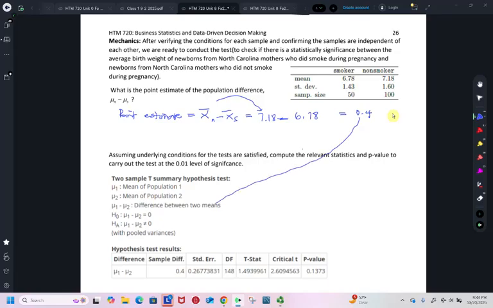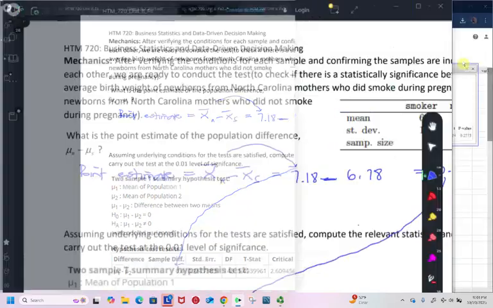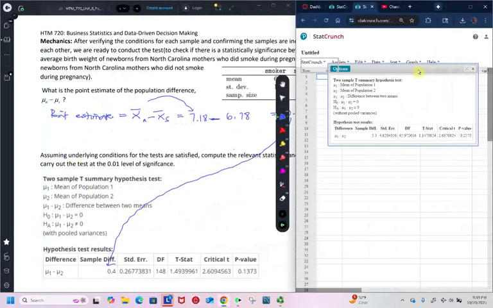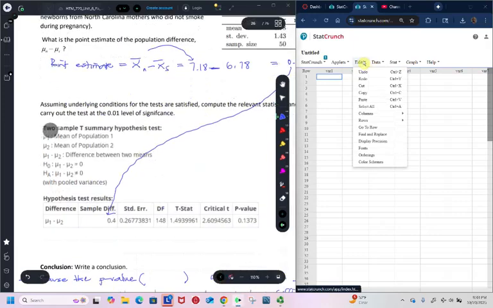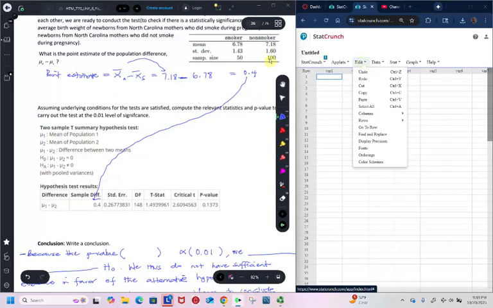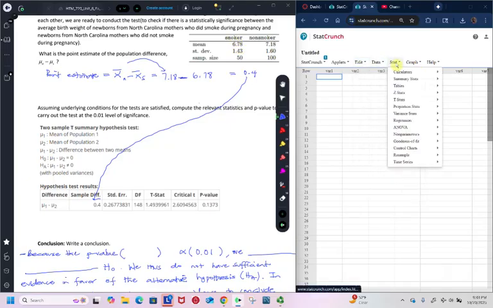That 0.4 could also have been computed using StatCrunch. So let's go to StatCrunch to get all the vital statistics from the data set. I'm going to go back to the summary table. For each of the groups, we are going to need the mean, the standard deviation, and the sample size.